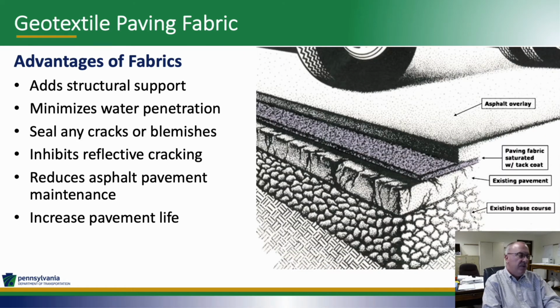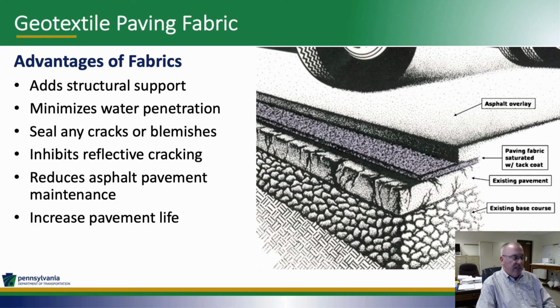When we talk about geotextile paving fabrics, obviously there are many advantages to using the fabric. They can be an equivalent to adding asphalt thickness, achieving the same performance as adding 1 to 3 inches of paving. The fabrics act as a moisture barrier by preventing penetration of surface water into the subgrade, even if the cracks reflect through to the surface.